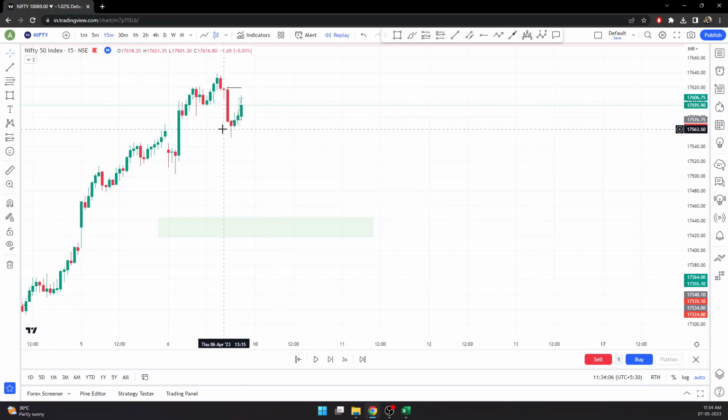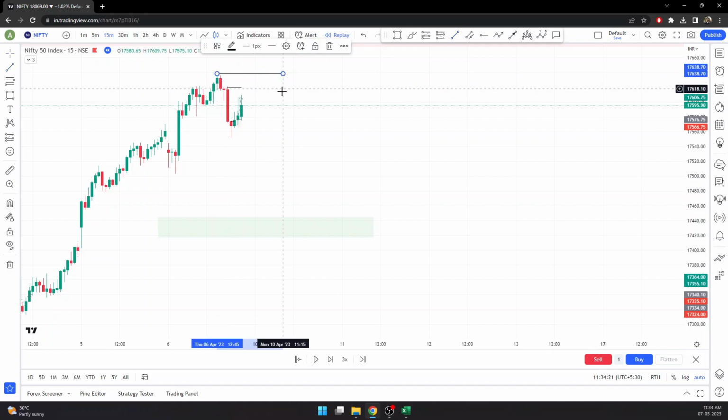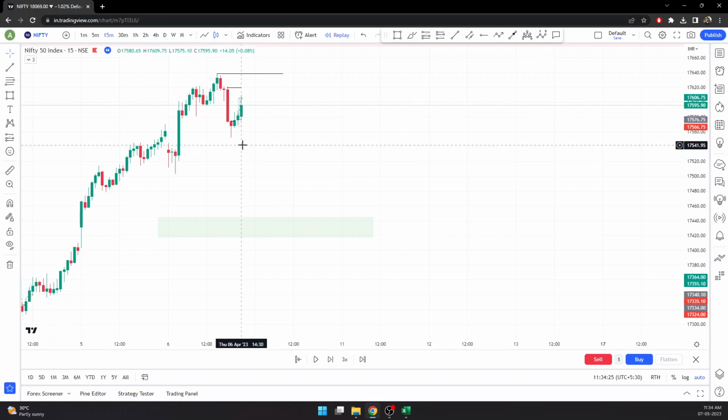So now, as per analysis, when it touches 50% or discount levels, it should break its earlier high. That is our expectation. So we are expecting it to break these highs maybe on the same day or maybe on the next trading session day to continue its earlier trend.